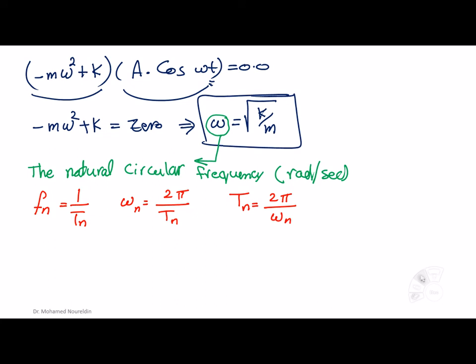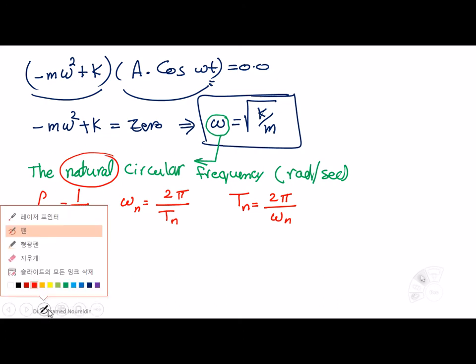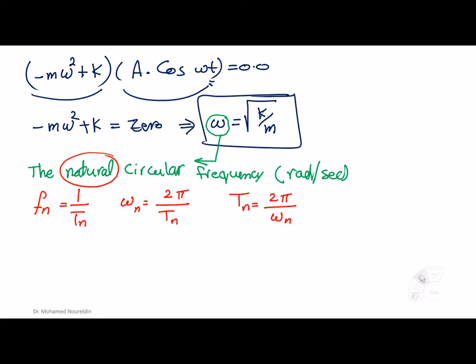Okay, why do we use the word natural here? Because it belongs to the structure. Yes, we can say that because the system vibrates freely without any external force. So that's the meaning of natural.